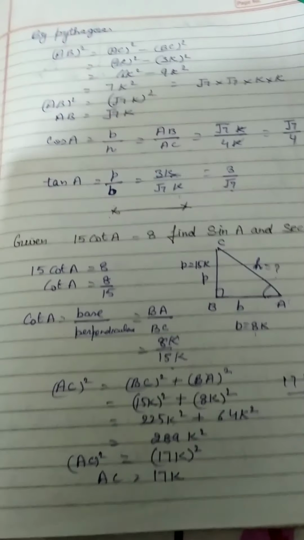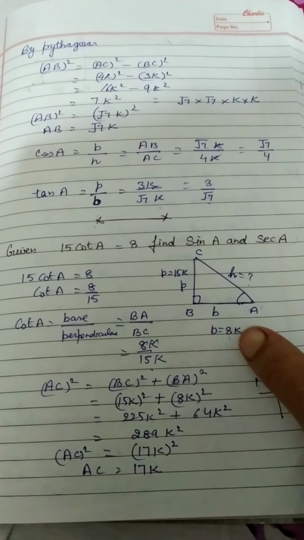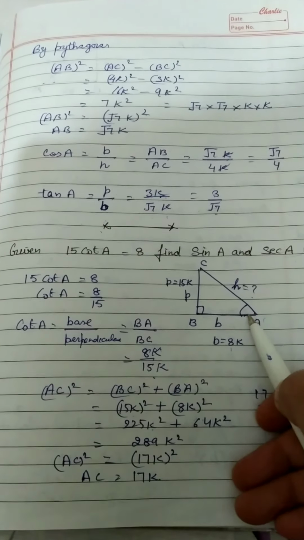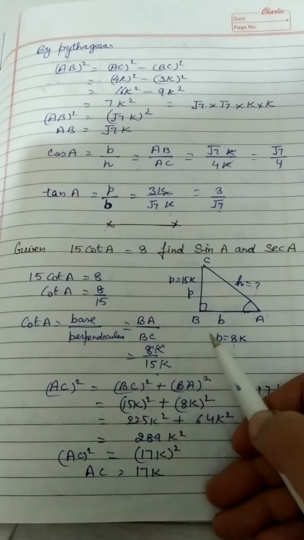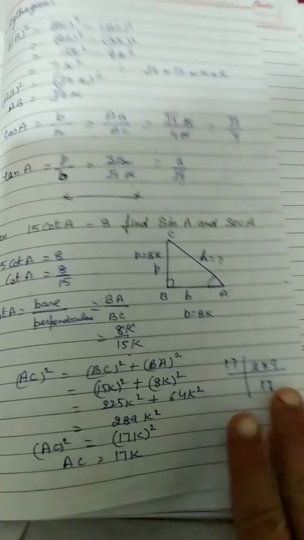Now we are to find the trigonometric ratios sin A and secant A. We have this triangle, right angled at B, base angle A, vertex angle C, base AB, perpendicular BC.